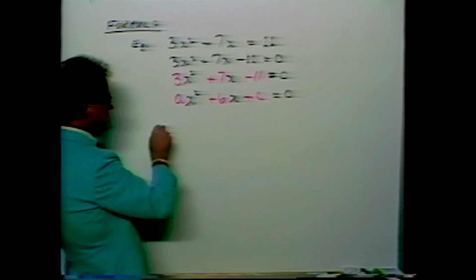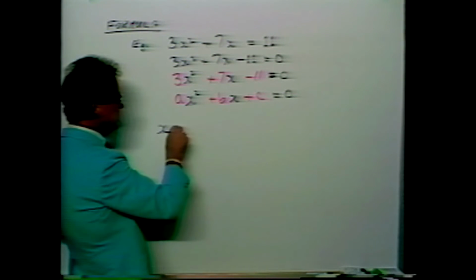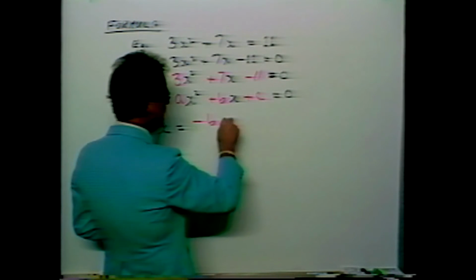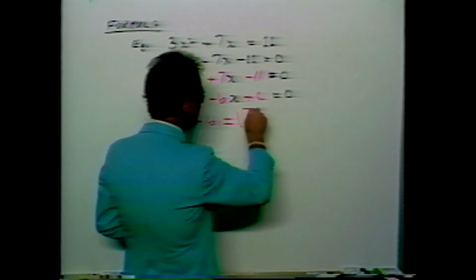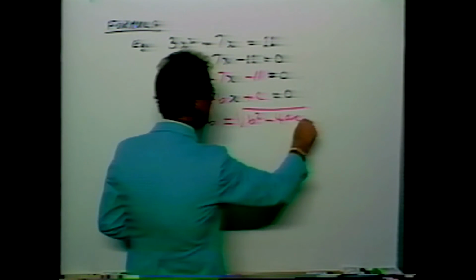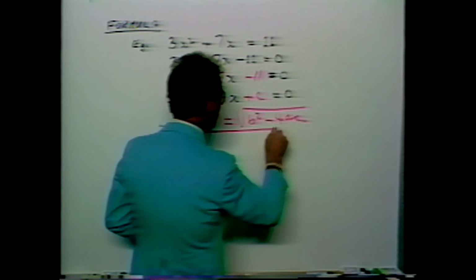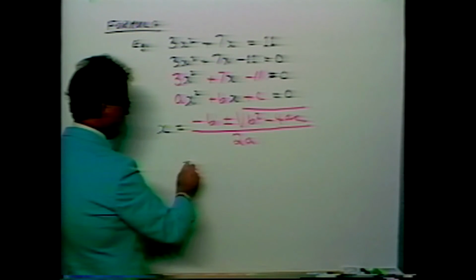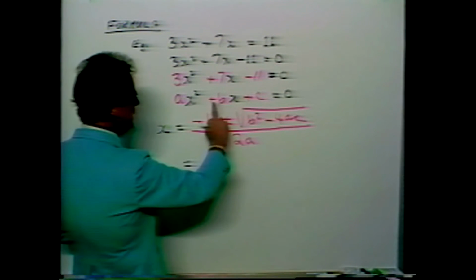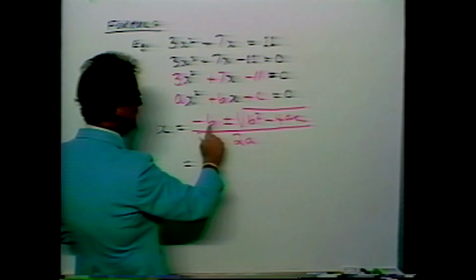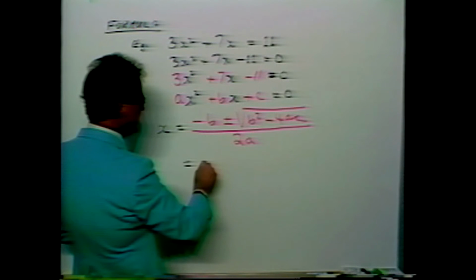In the formula, x is equal to minus b plus or minus the square root of b squared minus 4ac, all of it is on 2a. If b is plus 7, then minus b is minus 7.